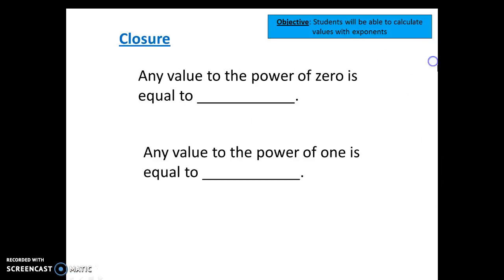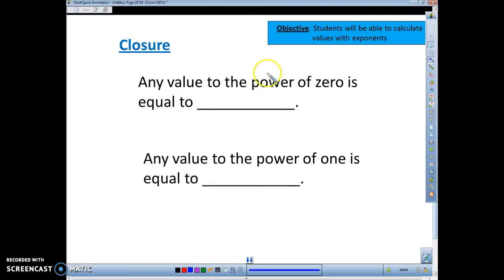Just to bring closure to this lesson, any value to the power of 0 is equal to, let's say x to the power of 0 is equal to what? Hopefully you said 1. The answer is 1. If you want to write this on the back, you can do that too. You can pause it right now. And lastly, we have this question.